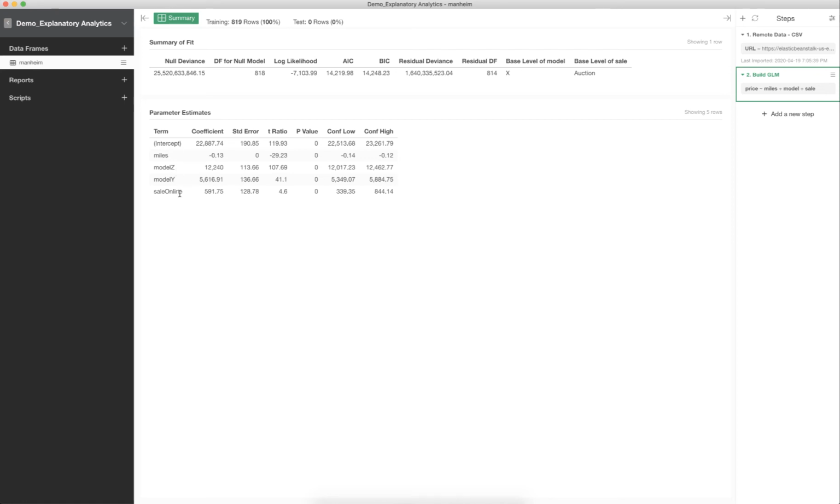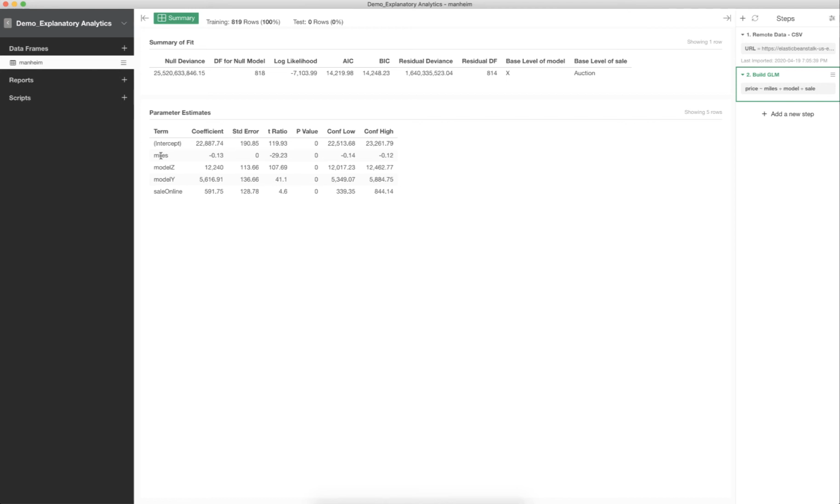Model and sale have to be interpreted slightly differently. The reason that model and sale have to be interpreted differently from miles is because miles was continuous data. Miles is data that is numerical, and it is continuous in the sense that 2 miles is 1 more than 1 mile, and 6 miles is thrice of 2 miles, and so subsequently each additional mile is 1 more unit compared to the previous value.